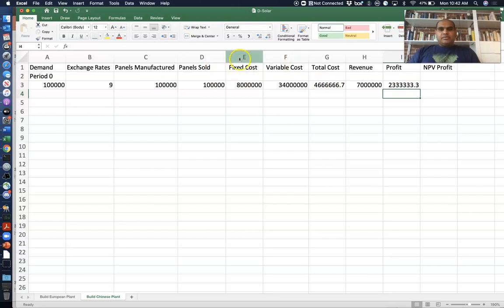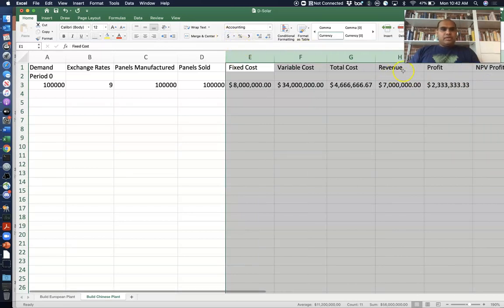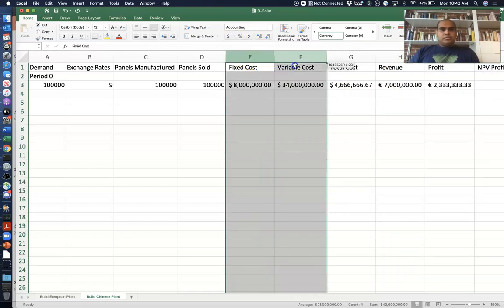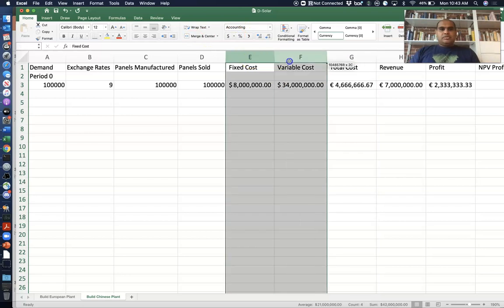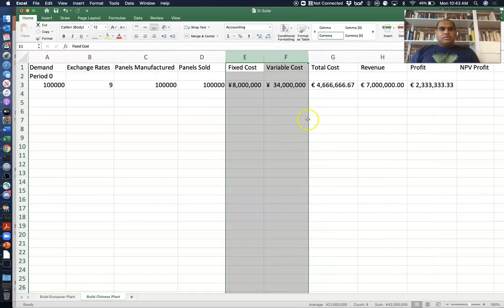All of this will be in euros. This is also in euros. These two will be in yuan. No decimal places here to make my life easier.